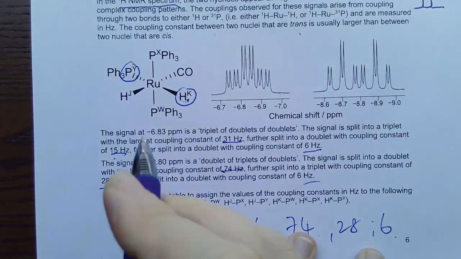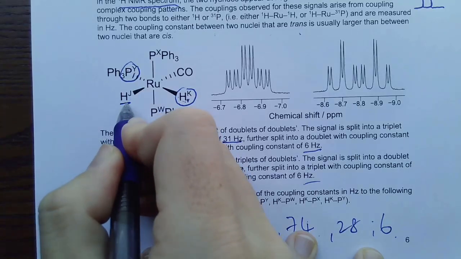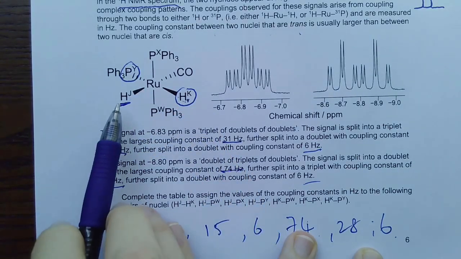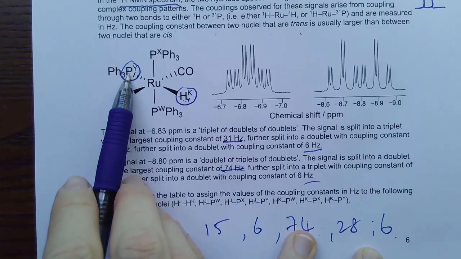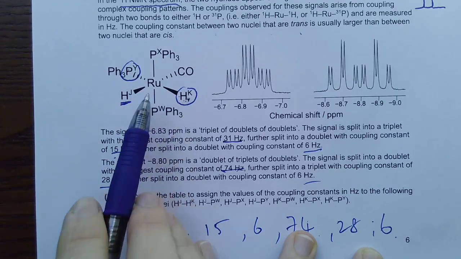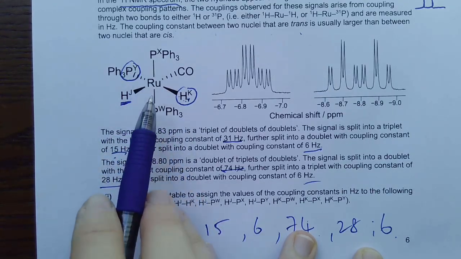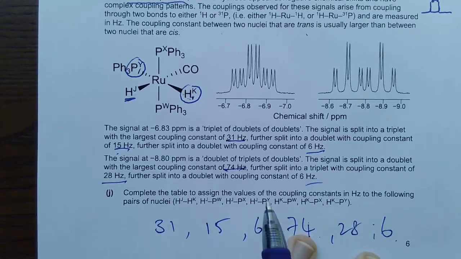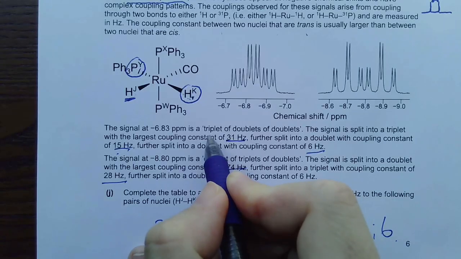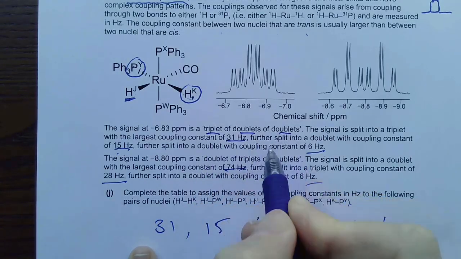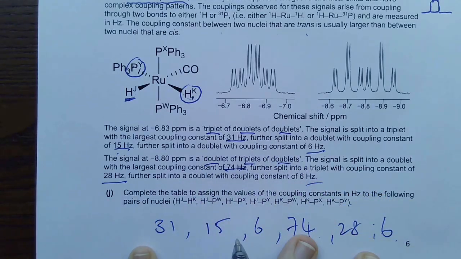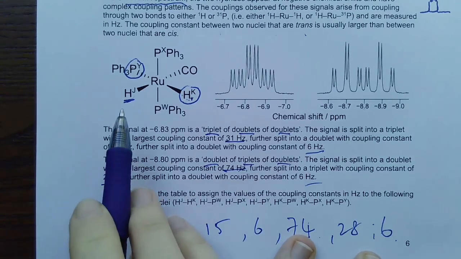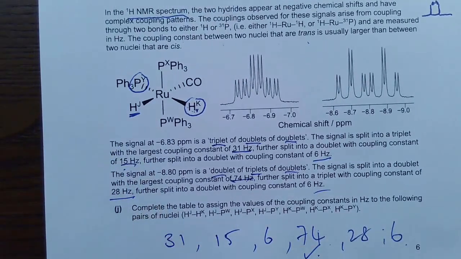Likewise this hydrogen here is being split once by this one, once by this one, and then once by these two that are in the same environment. That's why you actually get three things: the triplet, doublet, doublet, or the doublet, triplet, doublet, because there are three splittings for each one. All right, so what other piece of information could we use?